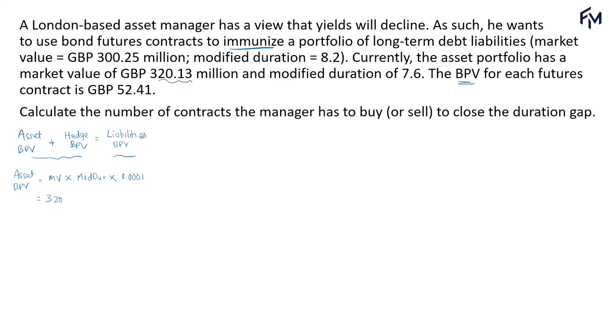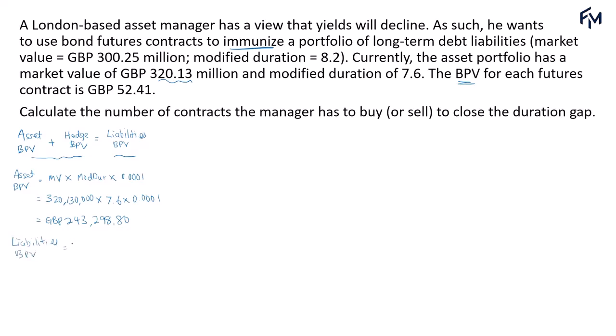So that's 320,130,000 multiplied by 7.6 multiplied by 0.0001. So that will be equal to 243,298.8.